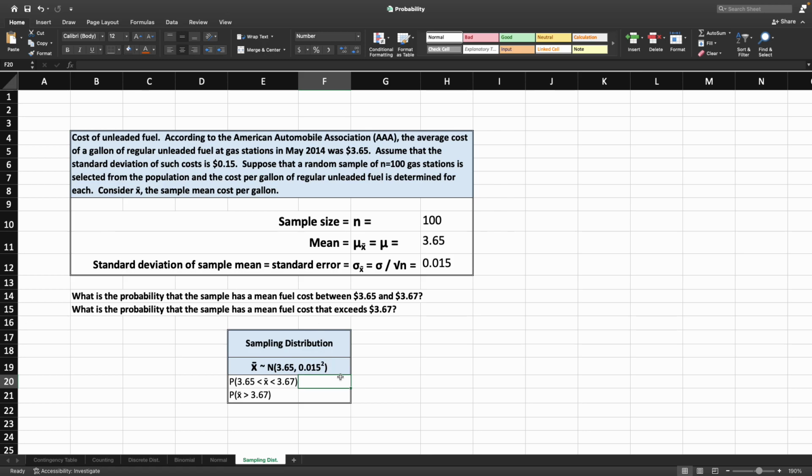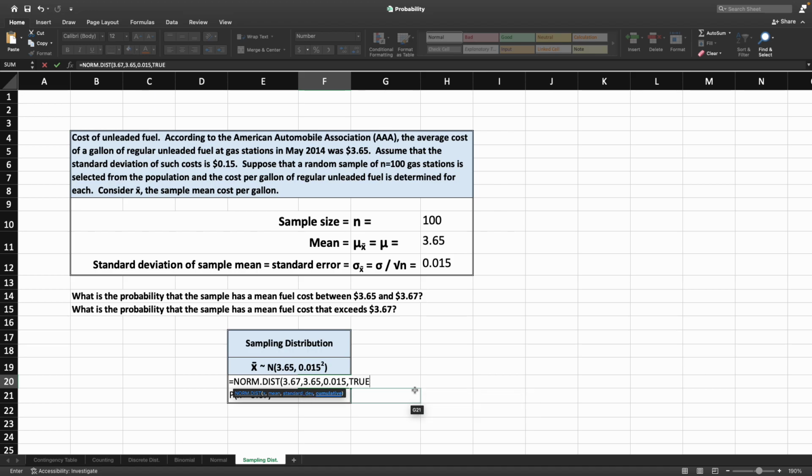So let's do equals norm.dist. So our x value, so recall we're going to need to subtract these two off. So we're going to have 3.67, comma, mean is 3.65, comma, standard deviation is 0.015, right? Not 0.15, but 0.015, because we're looking at x bar, not x, comma, true.